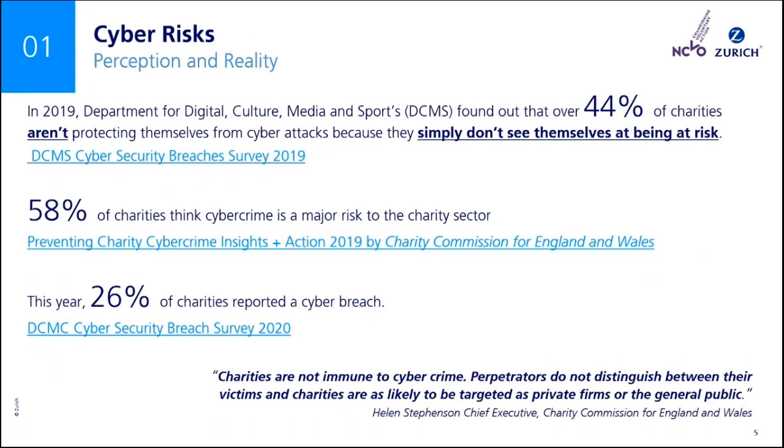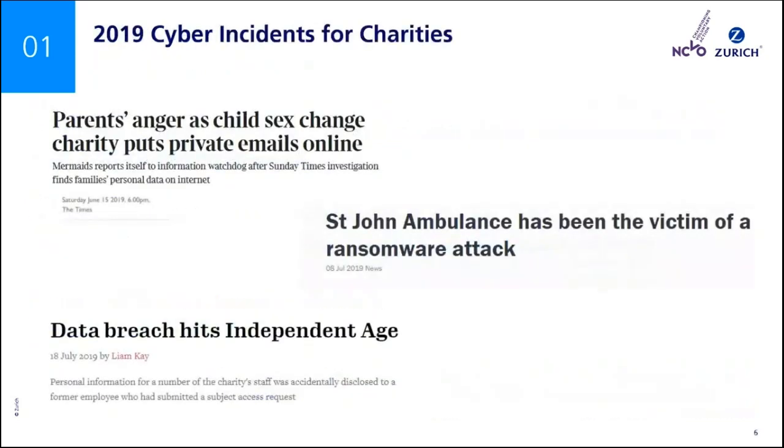But what are the different breaches or cyber attacks which we saw last year? I have highlighted three here. The first one is Mermaids, where sensitive email was leaked online. The next one is St John's Ambulance, who had a ransomware attack.